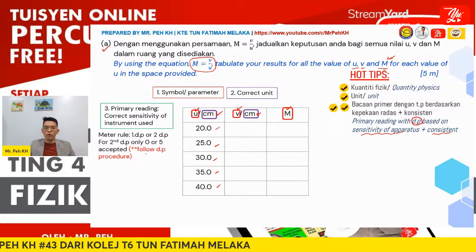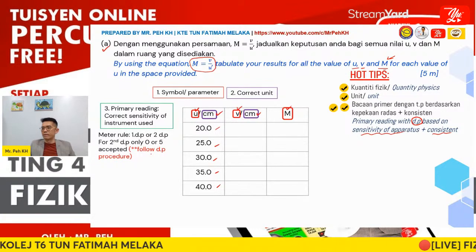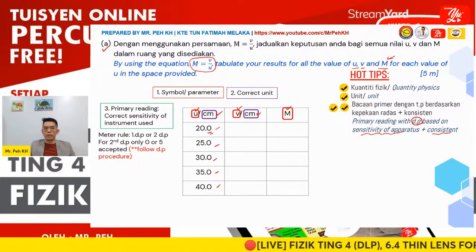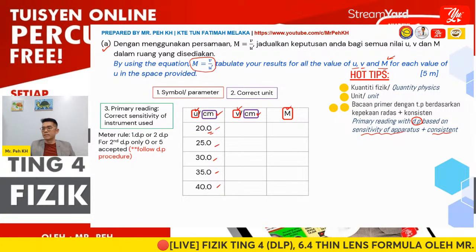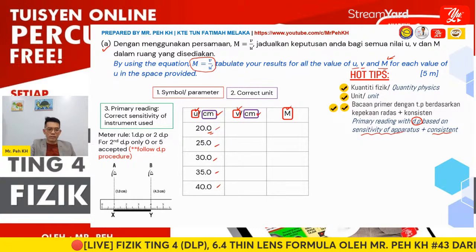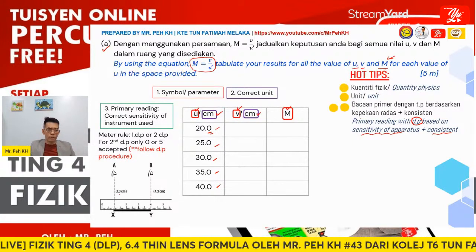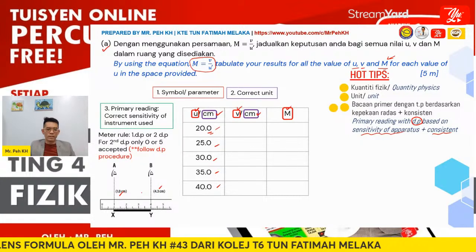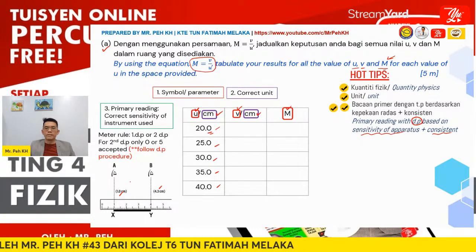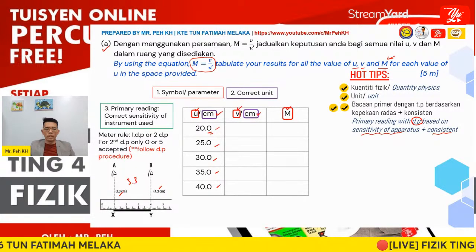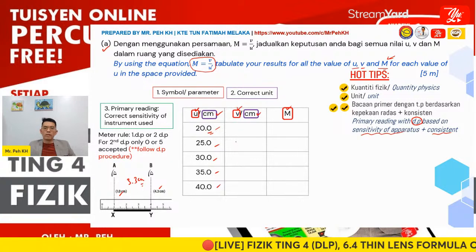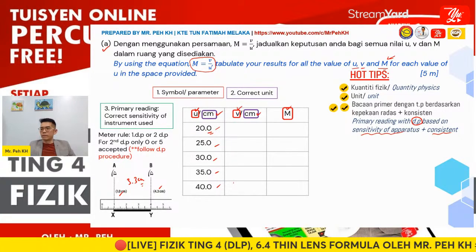But here we follow the decimal places stated in the procedure already, which is 20.0, so we know only 1 decimal place is going to be written. For example, this is 1.0 and this is 4.3, so for the lengths x and y, when you subtract, you get 1 decimal place, so here it will be 3.3 cm. This is where we give the sensitivity of the apparatus.